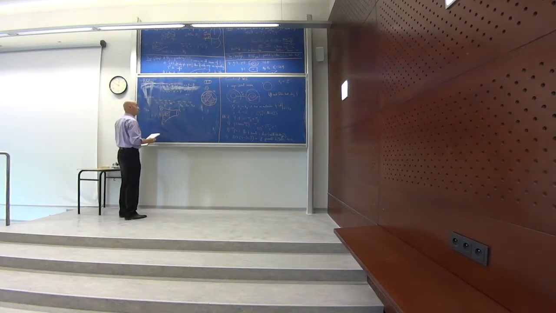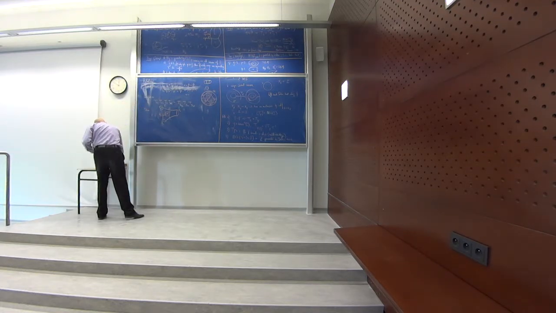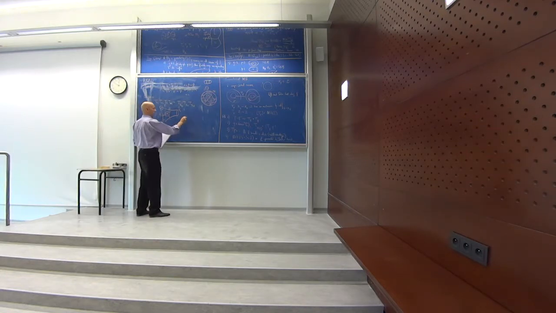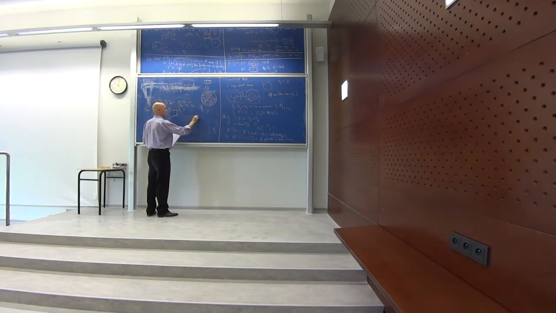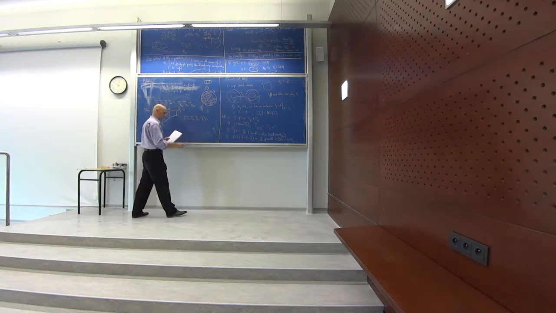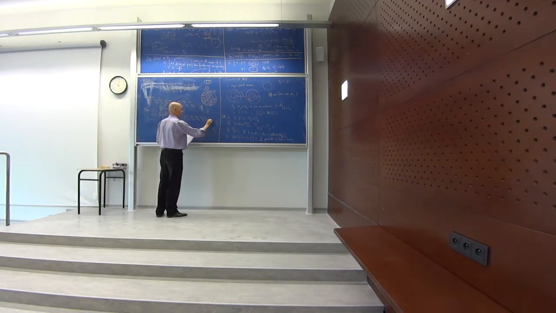So the star relation is the following: T alpha 1, T alpha 2, T alpha 3, T beta, and now again you have to put a power, equals T gamma 1, T gamma 2, T gamma 3. So the power is 3 again.